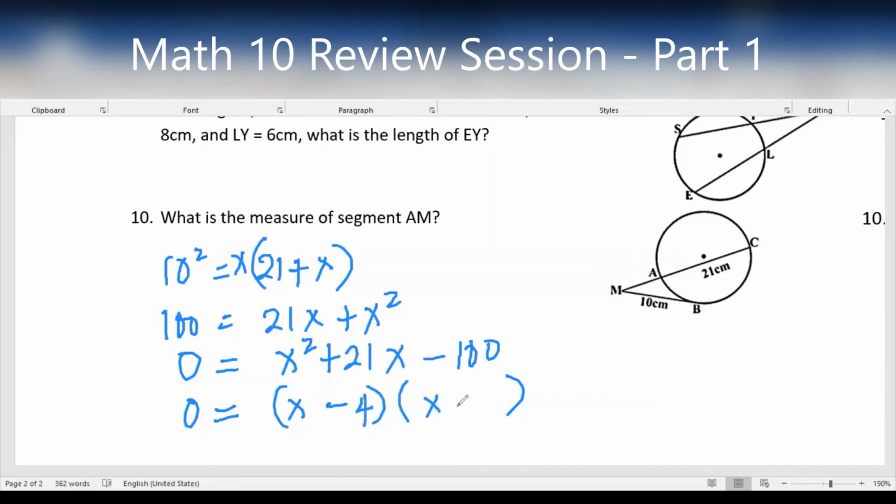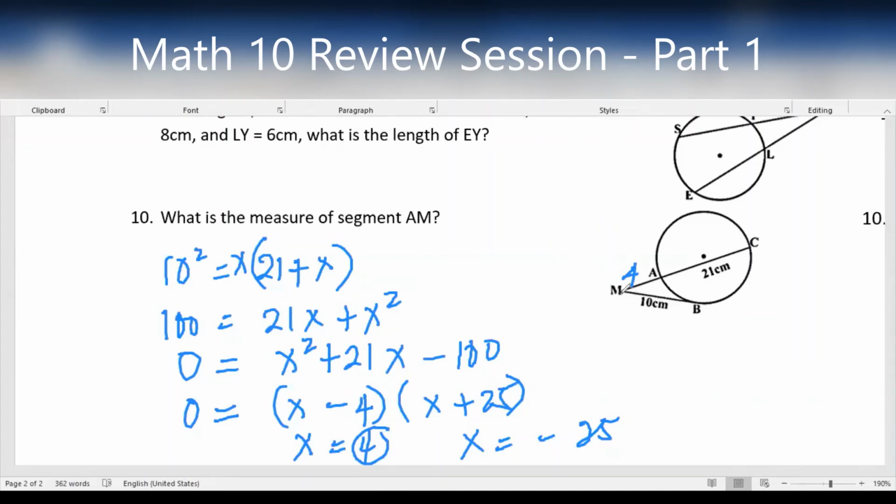So x minus 4 and x plus 25. Tama ba? So your x is 4, x is negative 25. So you choose the positive answer. Therefore, the value of AM is 4. Okay, I hope that's clear. Thank you, Jamila. Very good.